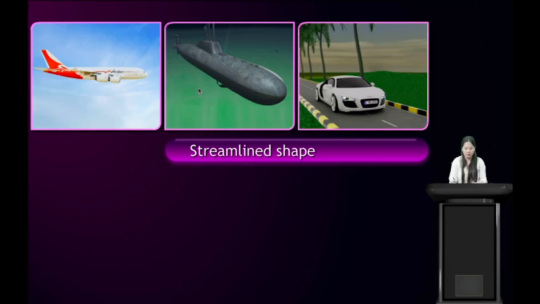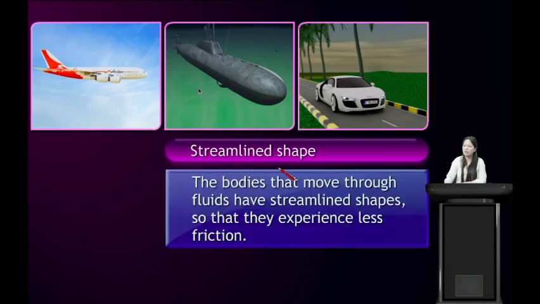Because of this streamline shape, this special shape is given to the objects moving in water and in air to reduce friction or to reduce the drag. So the bodies that move through fluids have streamline shapes, so they experience less friction.